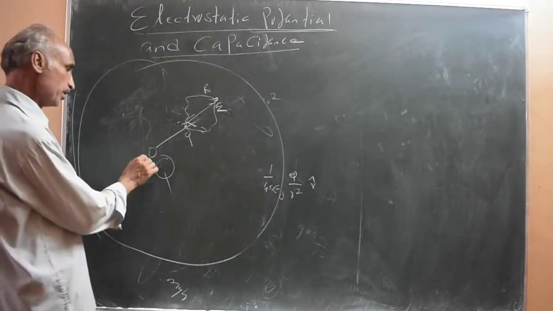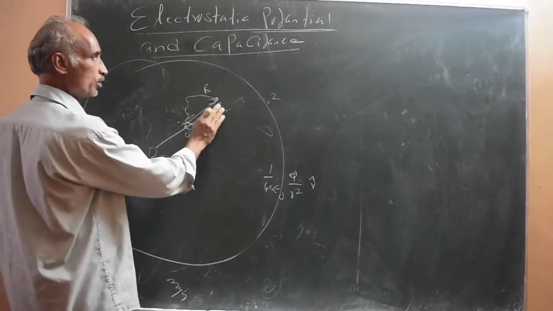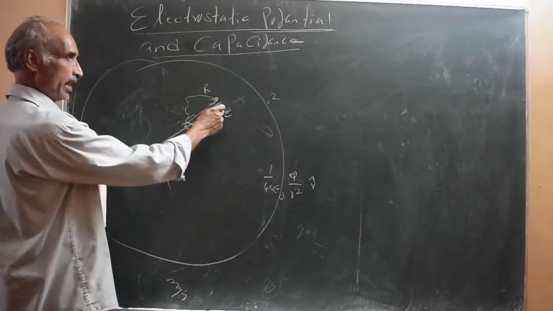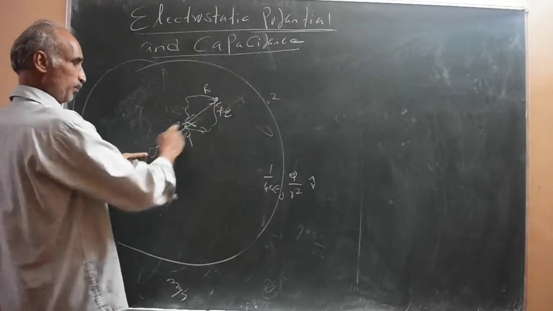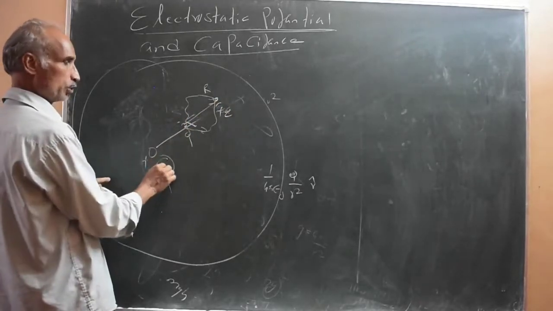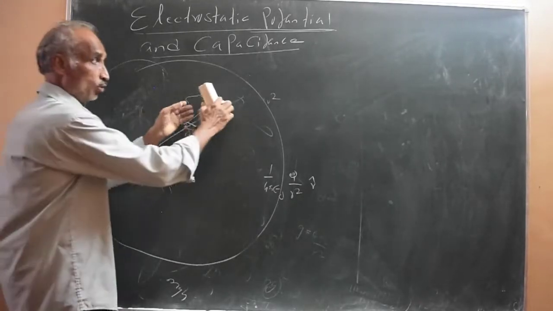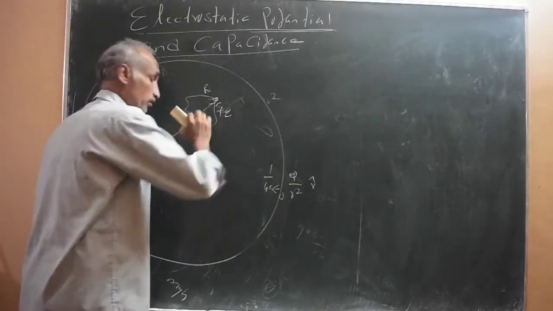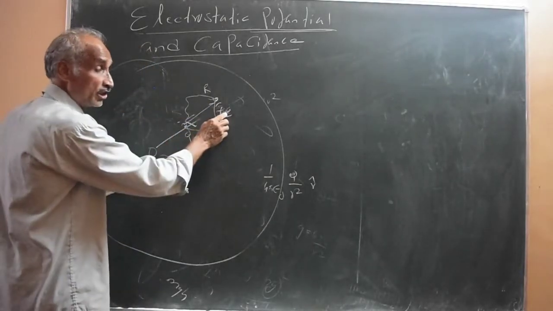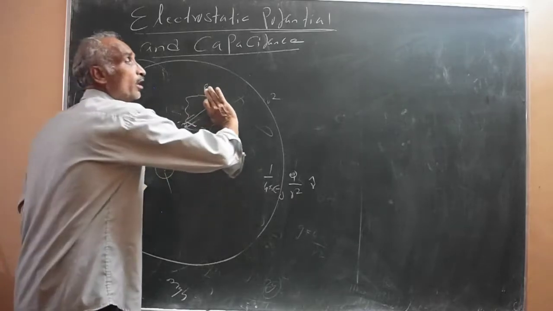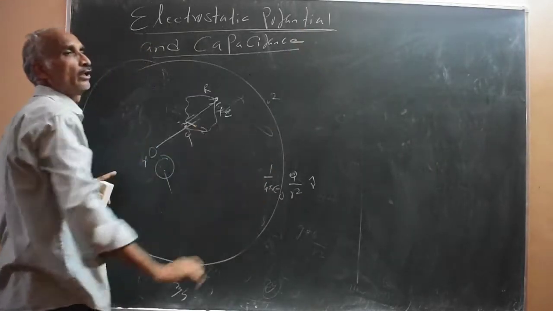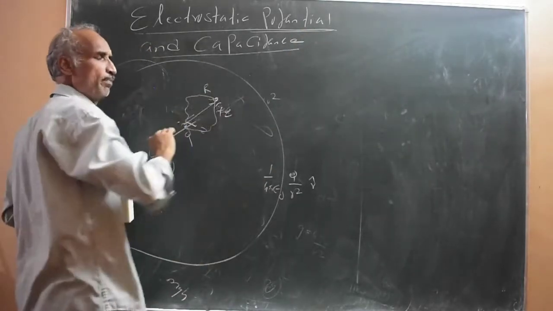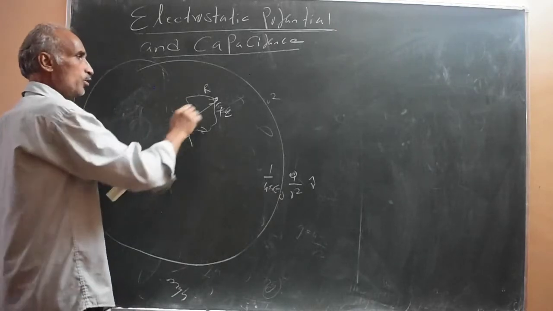Suppose it is a positive charge. The test charge q is also positive, and there is an electrostatic repulsion between the source charge and this test charge. The electrostatic force will be repulsive in nature: this charge will repel this charge.